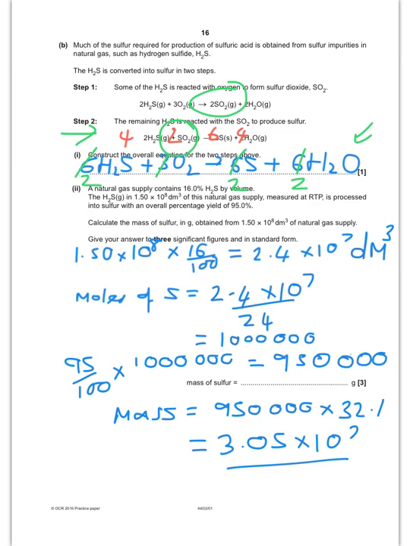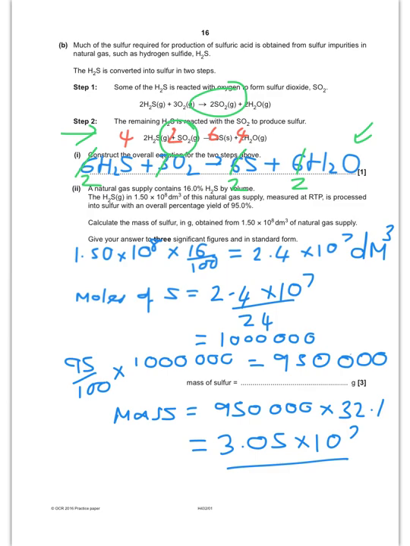Okay, now it's trying to find a mass of sulfur that I can obtain if I get 1.5 times 10 to the 8 decimeters cubed of natural gas. So first of all, it tells me it contains only 16% of H2S by volume.